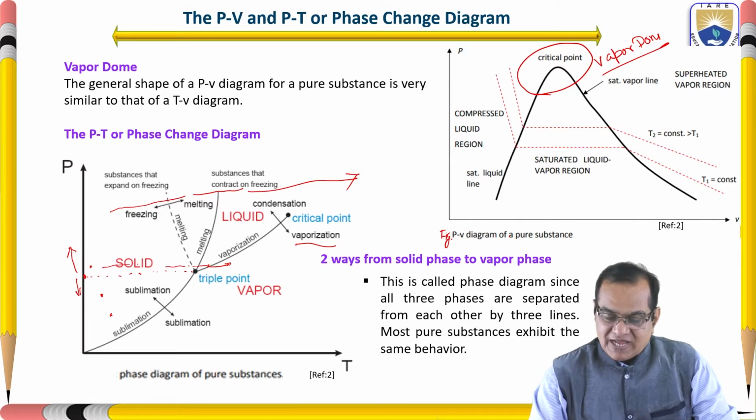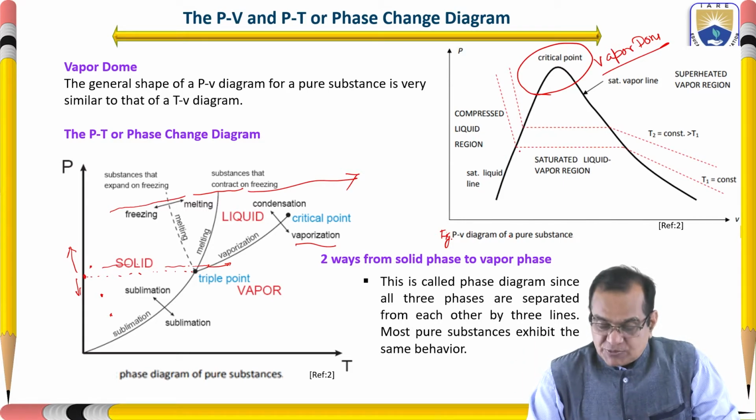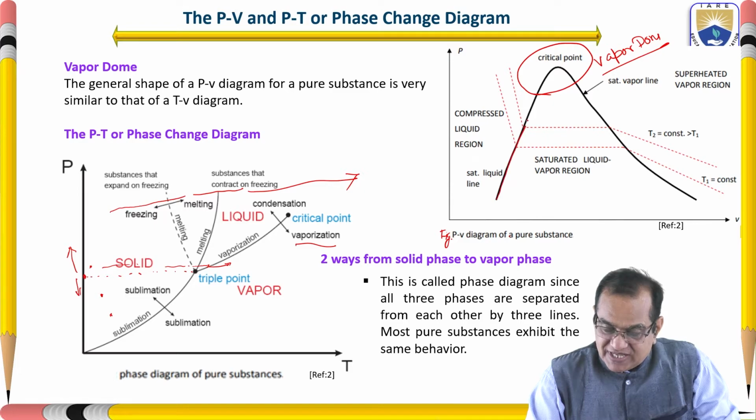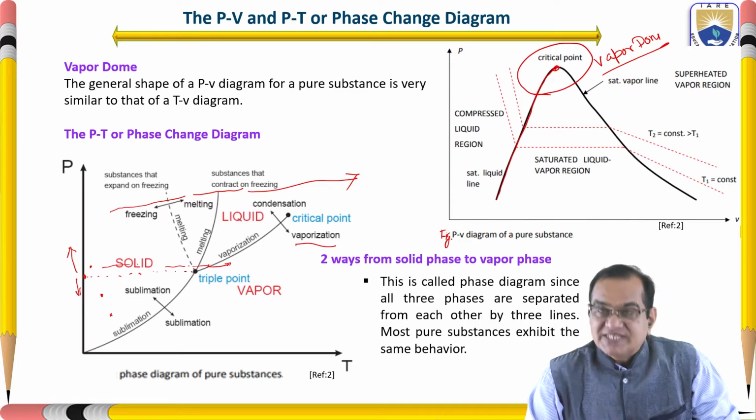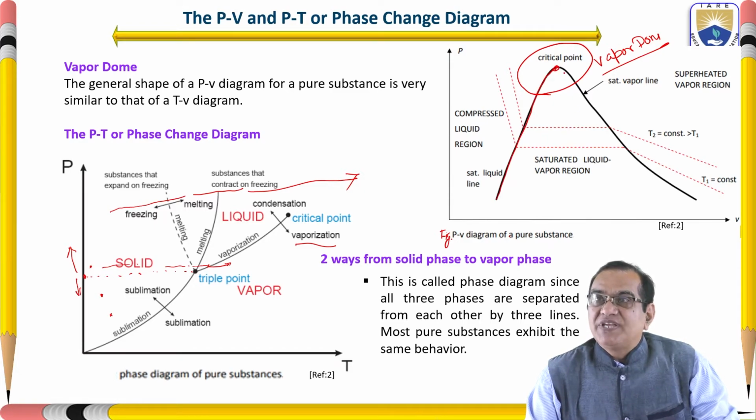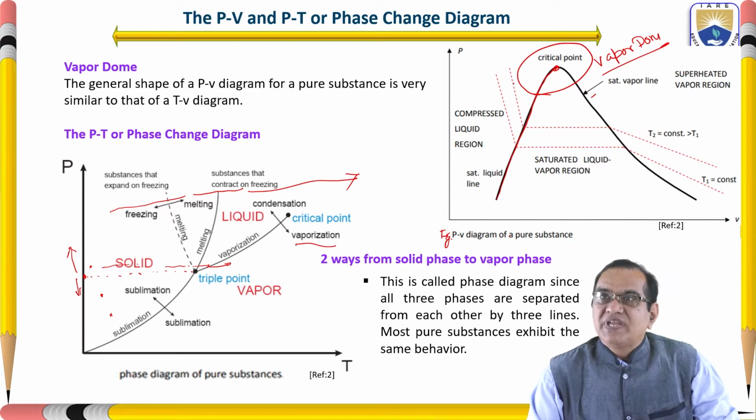Here, if you see the compressed liquid region, the line from here to here is the saturation liquid line, and from here to here it is the saturation vapor line. It is shown here. This is the pressure. So as the pressure drops and reaches the saturated liquid line, pressure and temperature will remain constant.